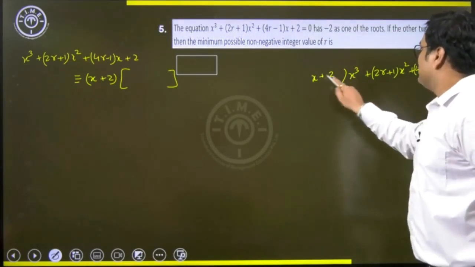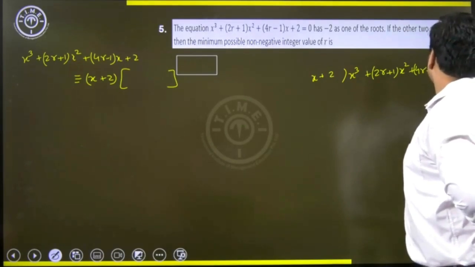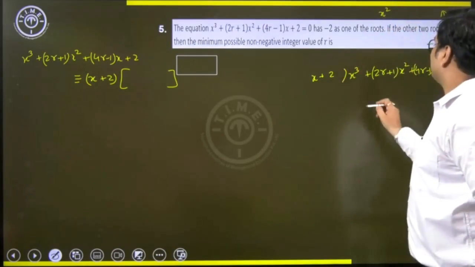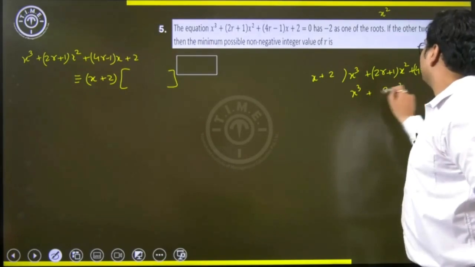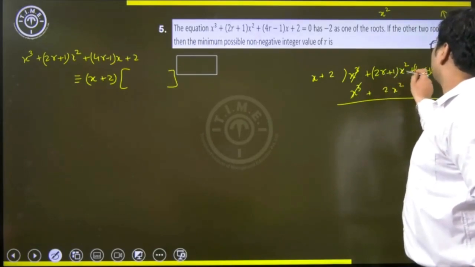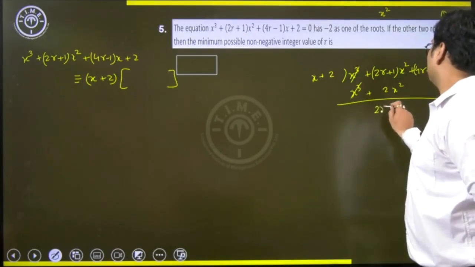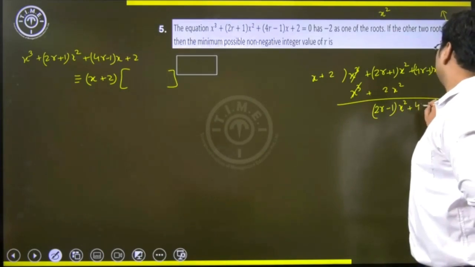When I divide x cube by x, the first term of the quotient I will get is x square. I will write it here, x square. So, x plus 2 into x square will give us x cube plus 2x square. Now, subtract. This will cancel out. What do you get? (2r plus 1) x square minus 2x square will give you (2r minus 1) x square, plus let us bring one term below.